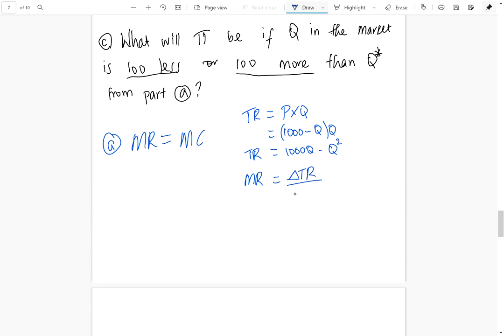Okay, so we have that marginal revenue is, remember, it's just the change in total revenue caused by a change in quantity. So as the change in Q approaches 0, that's us saying: what is the derivative of total revenue with respect to quantity? So let's do that.